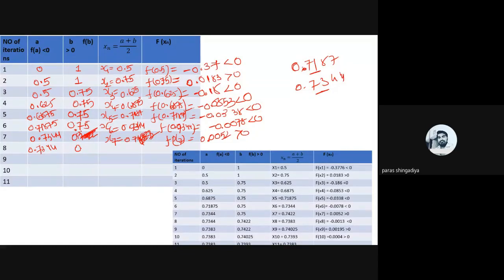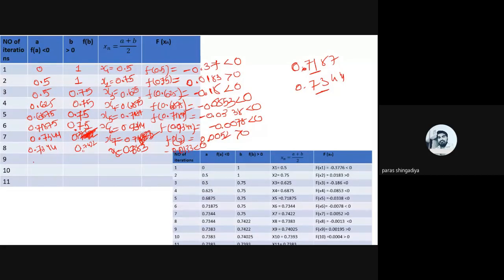Here we get x8, which will be 0.7383. Check its output: you will get negative 0.0013, and it is negative.